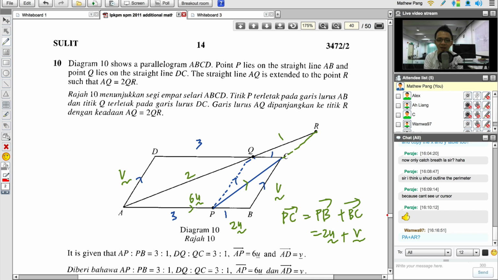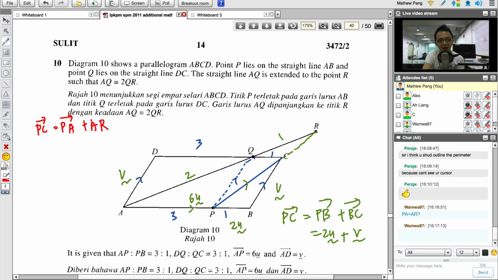We can find PR easily. We just need to find AQ first, so AQ is simple. AQ will be AP plus PQ.